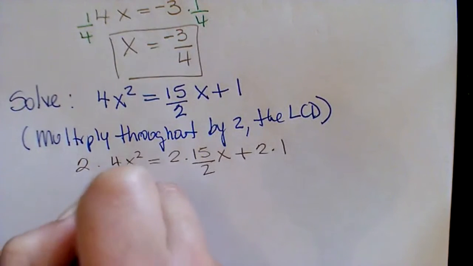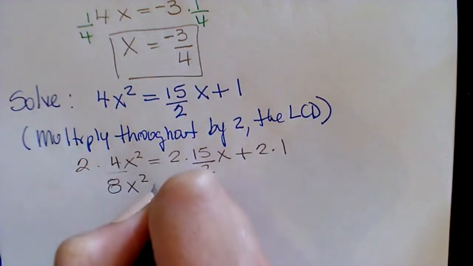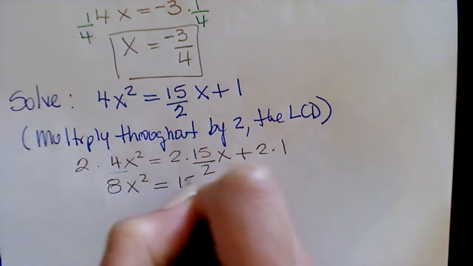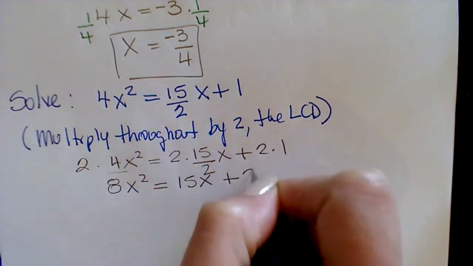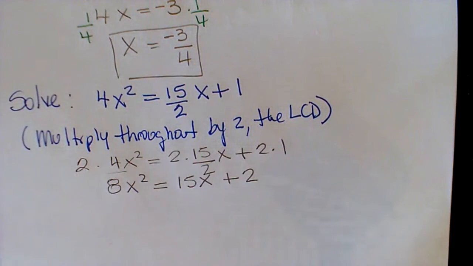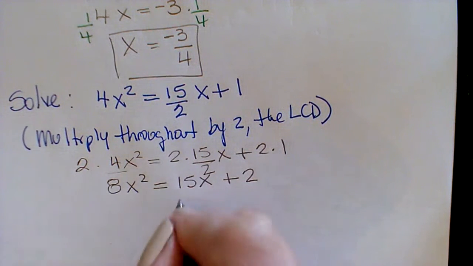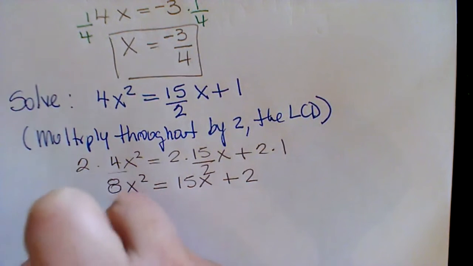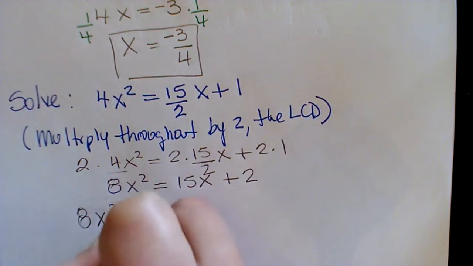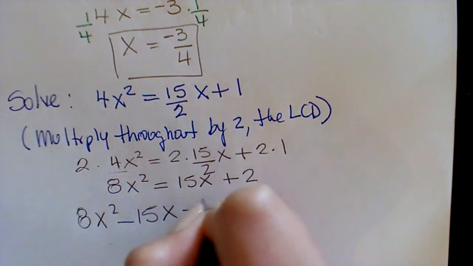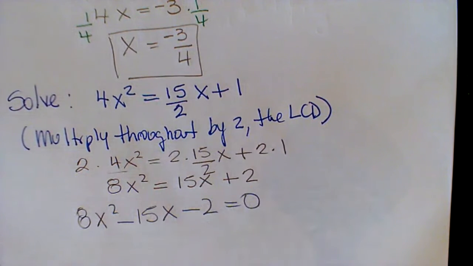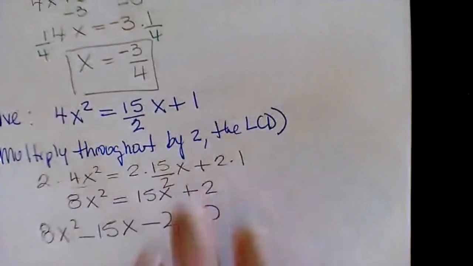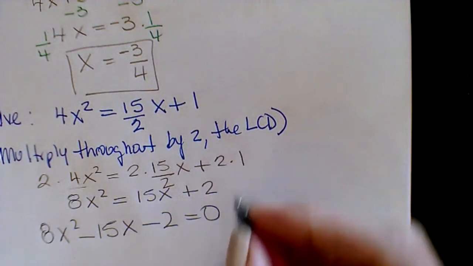So what do I have? I have 8x squared equals to 15x plus 2. Right? And if I make a 0, so this is going to be equal to minus 2. All right. Now I need to make the box again here.